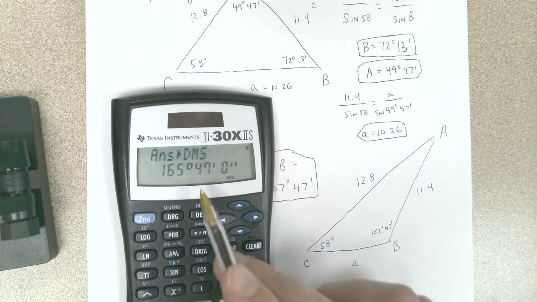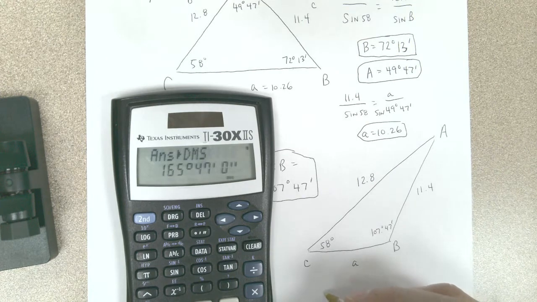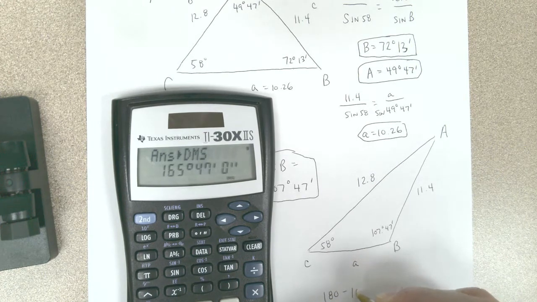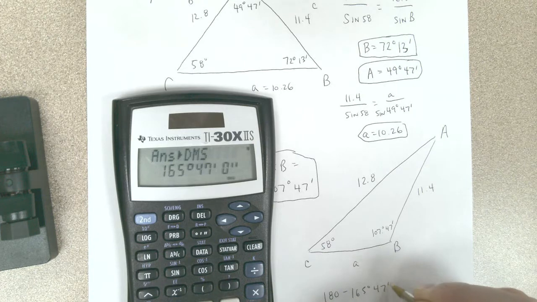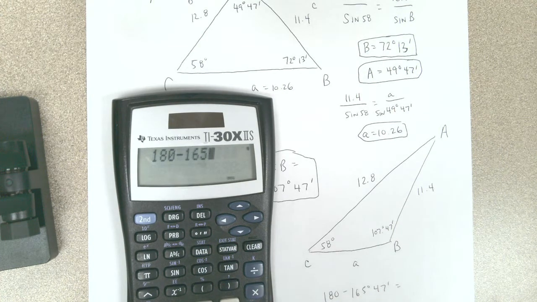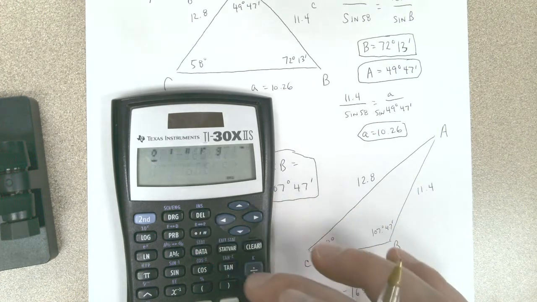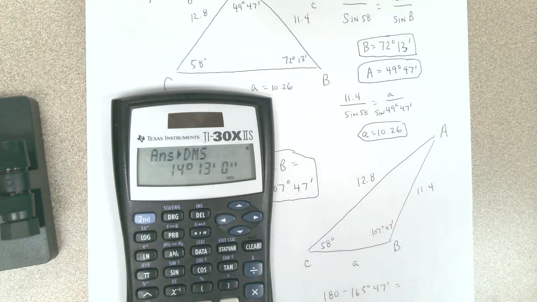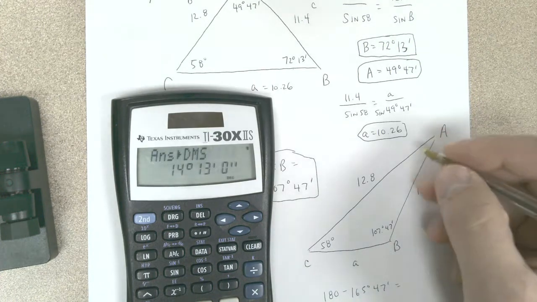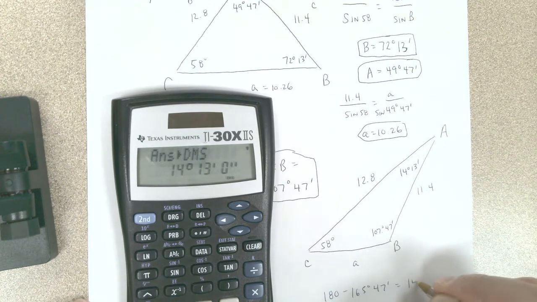That's 165 degrees, 47 minutes. I'm going to subtract that from 180 to find angle A. So 180 minus 165 degrees, 47 minutes is 14 degrees, 13 minutes. So there's my angle A.